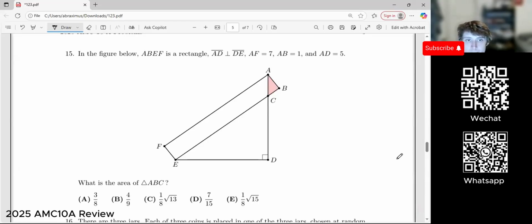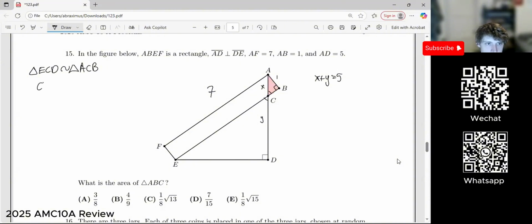So in the figure below, ABEF is a rectangle. AD equals DE, AD is perpendicular to DE, AF equals 7, AB equals 1, AD equals 5. So let's call this X and Y. So X plus Y is equal to 5. Due to vertical angles and the fact that this is a part of a rectangle, we know that triangle ECD is similar to triangle ACB.